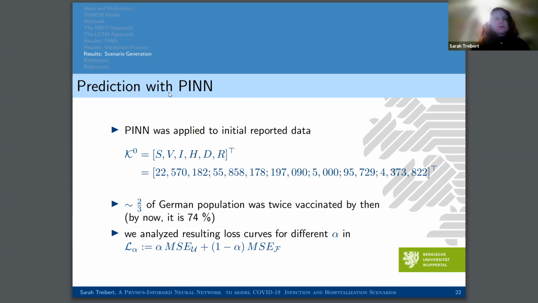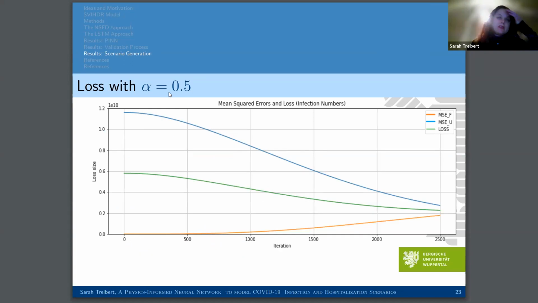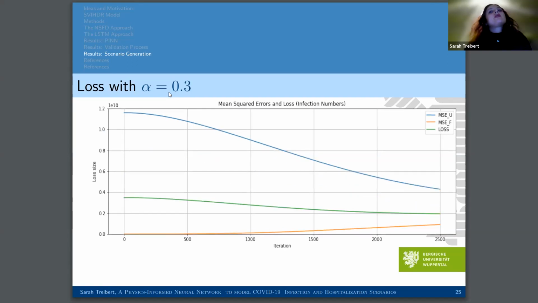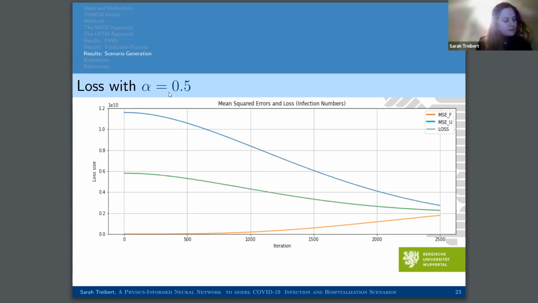Here you've got the one with 1/2, then here with 7/10, and here with 3/10, and we see that in the last case the loss curve finally reaches the lowest level. The data error attains the smallest level for the largest alpha, and the residual error for the smallest alpha.